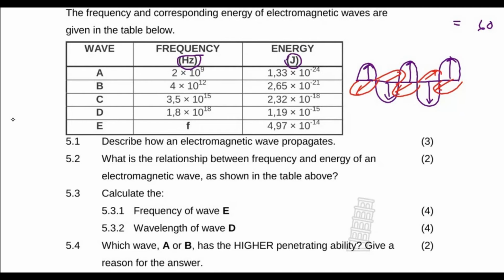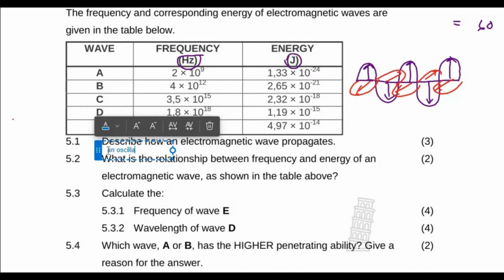So the electric component, and the magnetic component in red, are perpendicular.